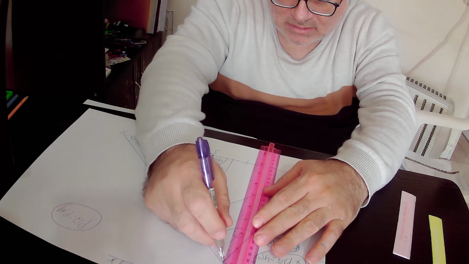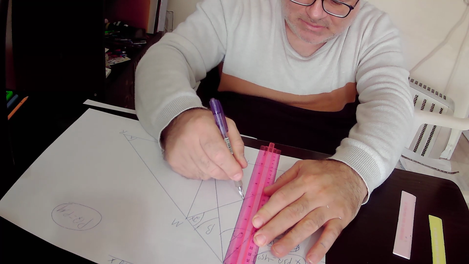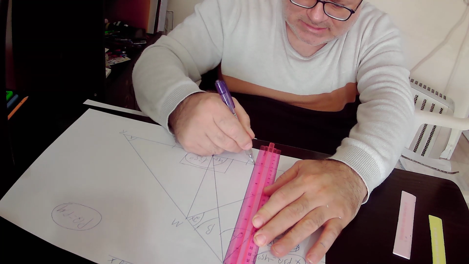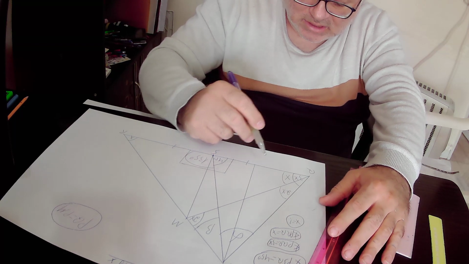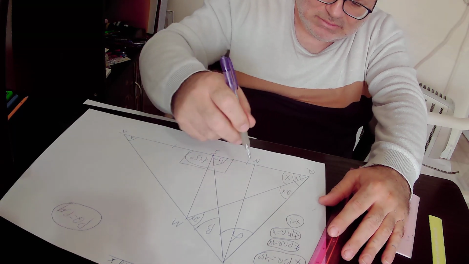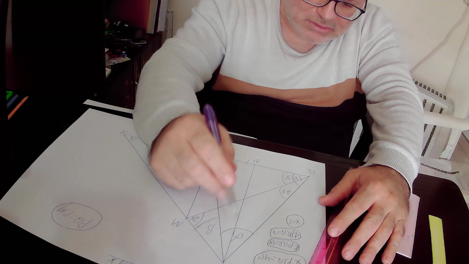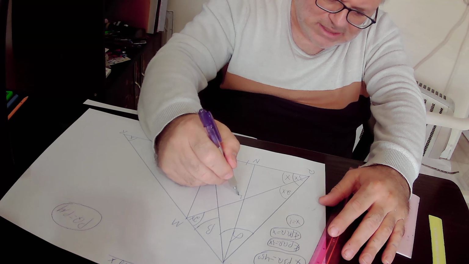So this is the perpendicular, then we extend it until it touches QS, and we define the touching point between the perpendicular and QS as point N, and the touching point between the perpendicular from P and QM as point L.